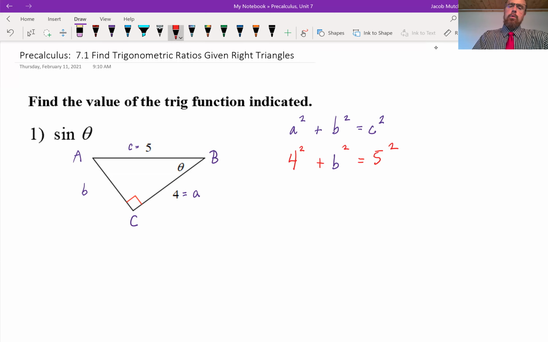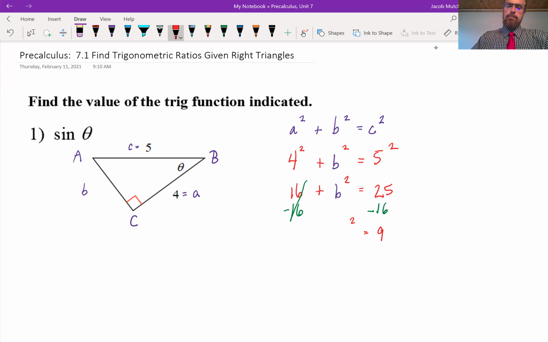Then I want to solve for b. So I'm going to go ahead and square these values. 4 squared is 16. 5 squared is 25. So to solve for b, what we need to do initially is subtract this 16 from both sides. So we'll do that. 16 will cancel from the left. And on the right, we've got 25 minus 16, and that's going to give us 9.